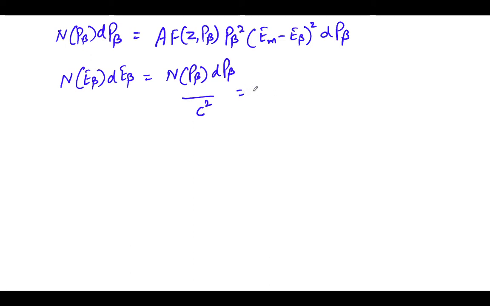So this equation becomes A over c² into F(Z, p_β).